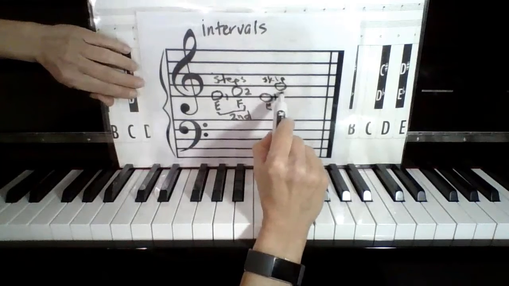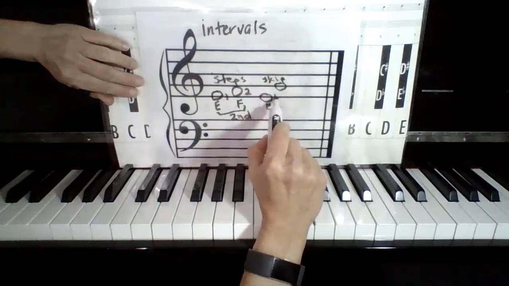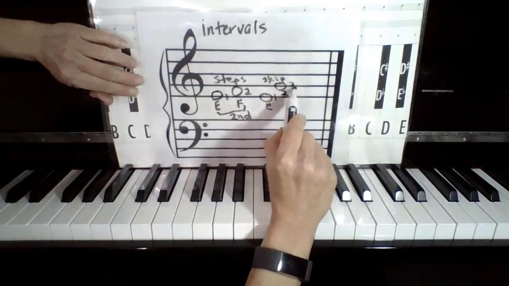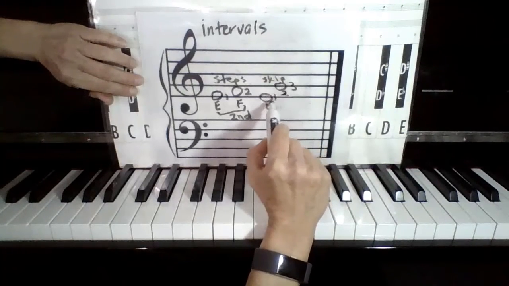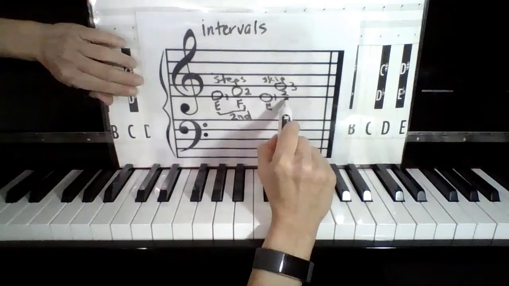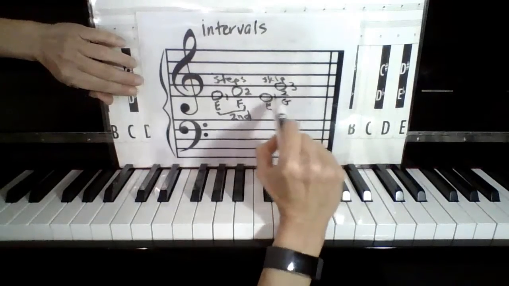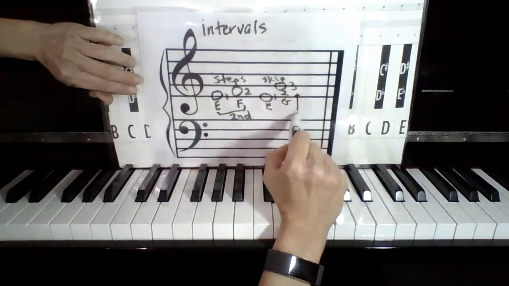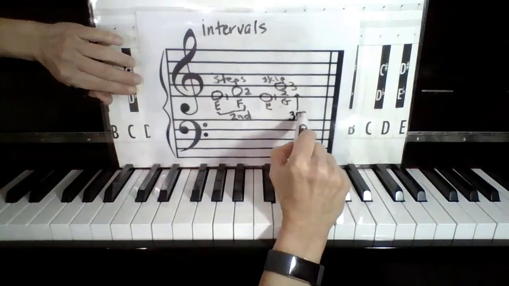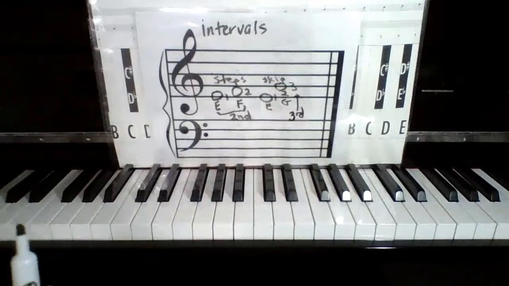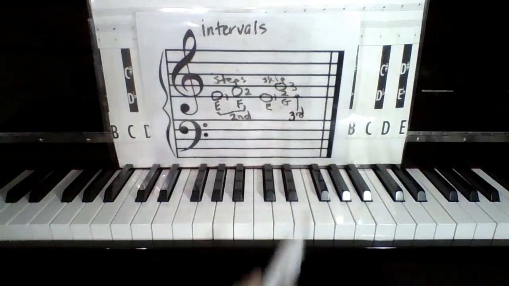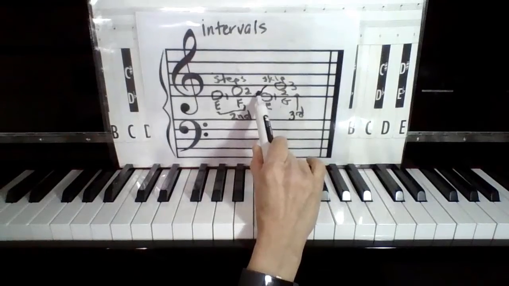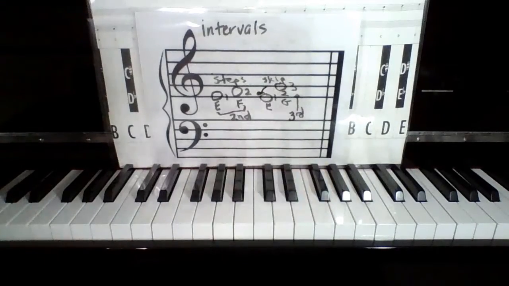And so we would go 1 for the line note where we are, 2 for the space, and then we end up at this line, which is G. And that, since you go 1, 2, 3, you end up at 3. So it is a third. And these can go up or down. If your starting note was G and you were going down, you would be going down a third to E.